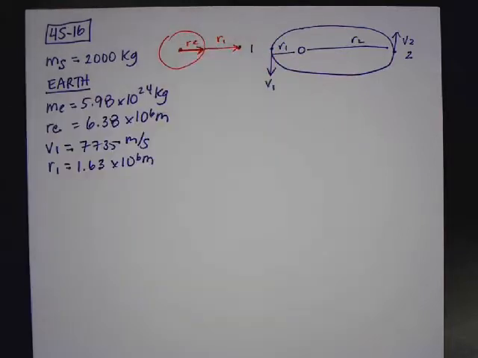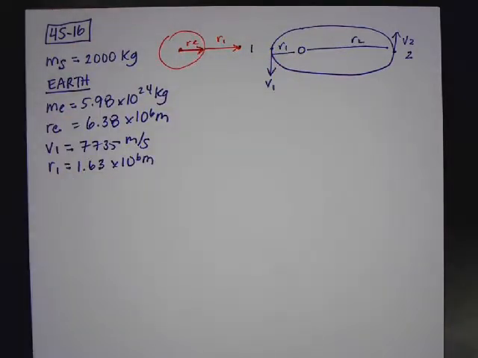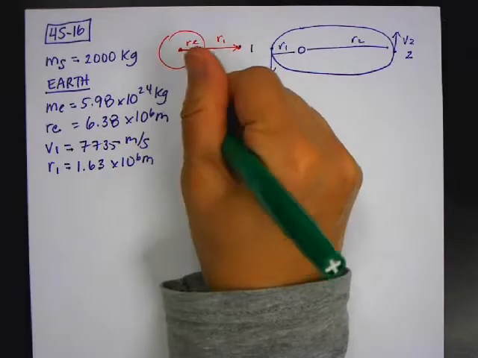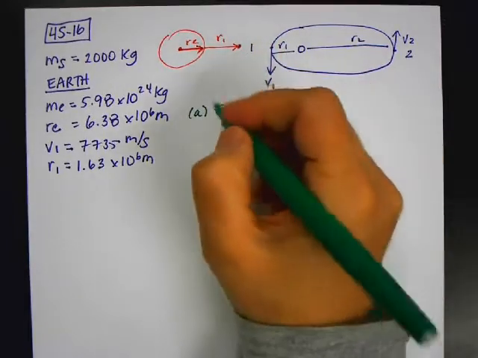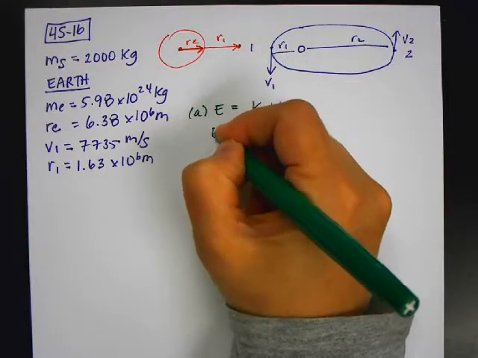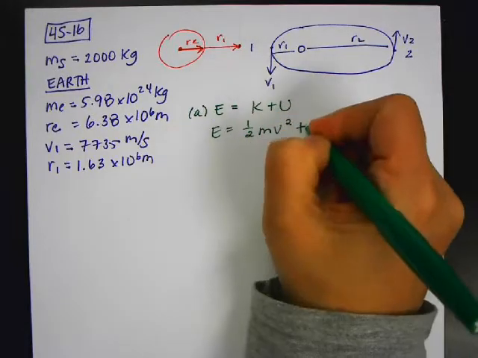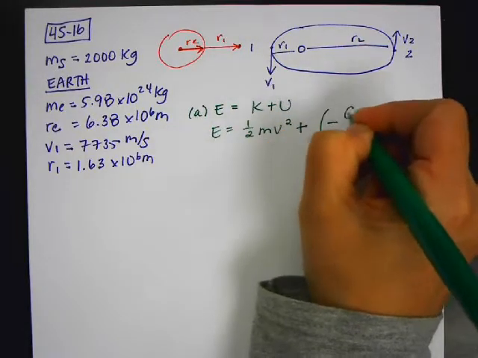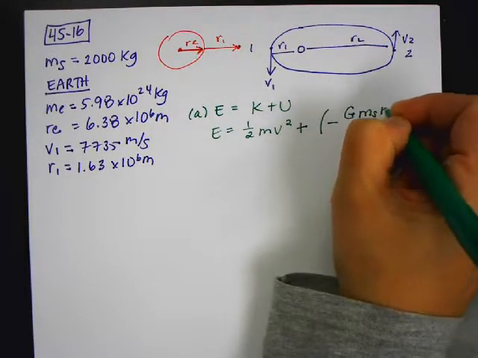So part A says, determine the total energy. Well, the total energy is a sum of the kinetic and the potential. So the total energy is going to be 1/2 mv squared plus negative G, the mass of the satellite, times the mass of the Earth.